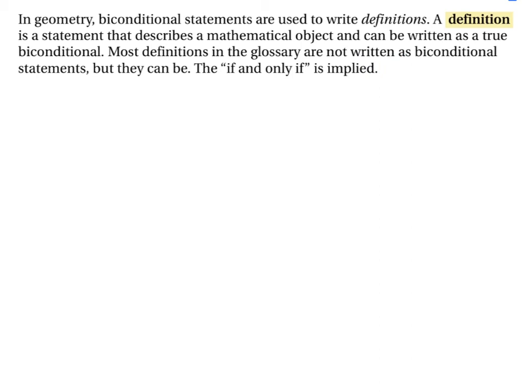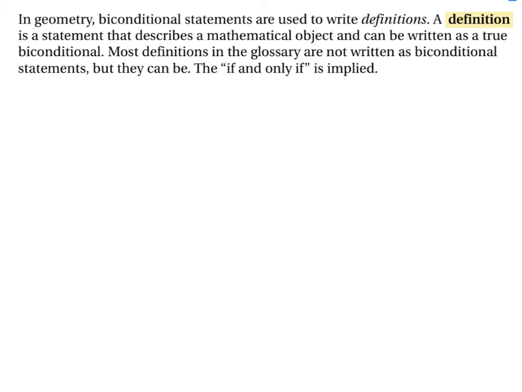You never see definitions in the back of your book with if and then, if and only if. But they can be. The if and only if is implied, which means it won't say if and only if, but it implies that it can be written like that because it's a definition. A definition of any vocab word that you are writing is a biconditional statement.